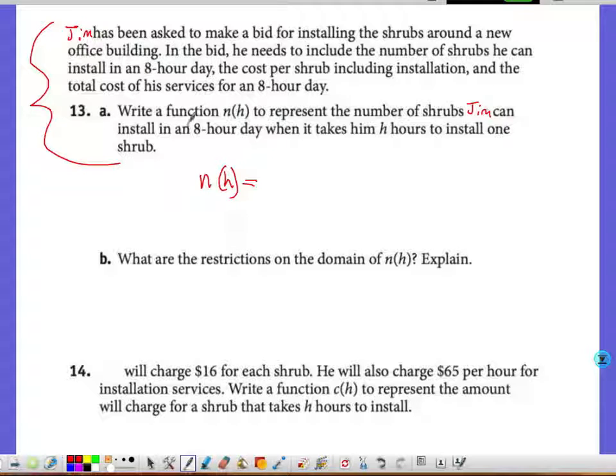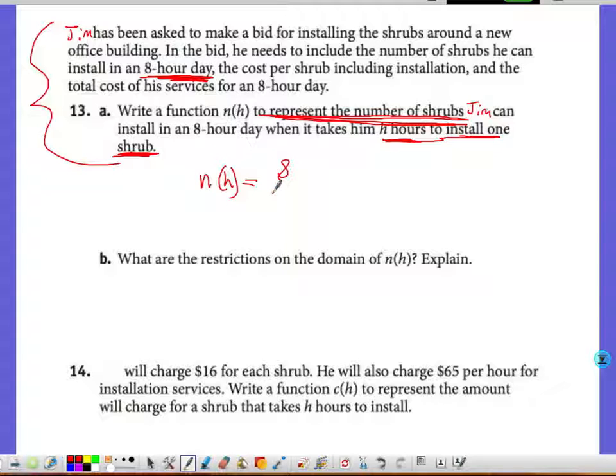Okay, so first of all, what does n of h represent? It represents the number of shrubs. How do we get the number of shrubs? Well, we have an 8-hour day, and h represents the hours to install one shrub. So if I have an 8-hour day, and it takes me h hours to install one shrub, how many shrubs can I install?